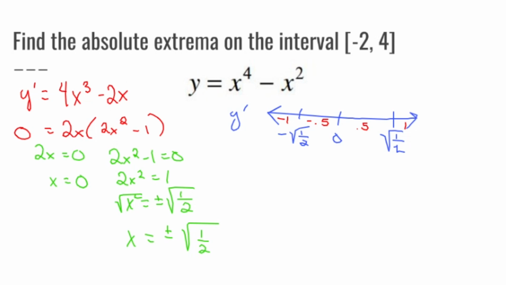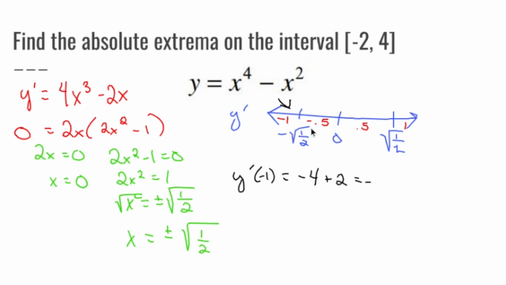So y prime of negative 1 is going to be 4 times negative 1 cubed, which is negative 4, minus 2 times negative 1, which is plus 2. That gives me a negative, so you're decreasing.